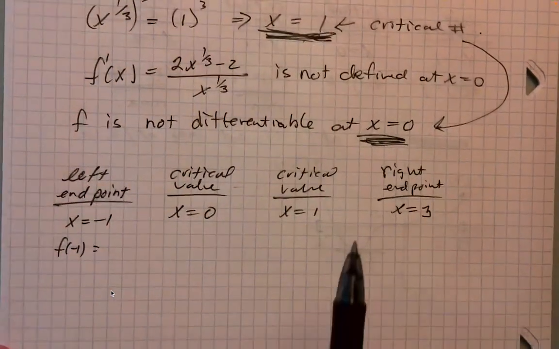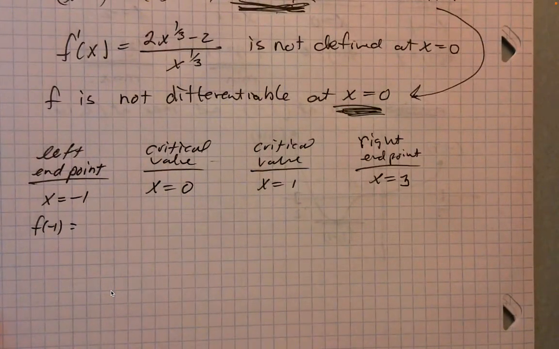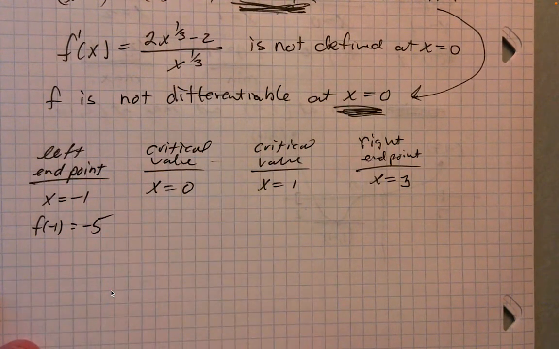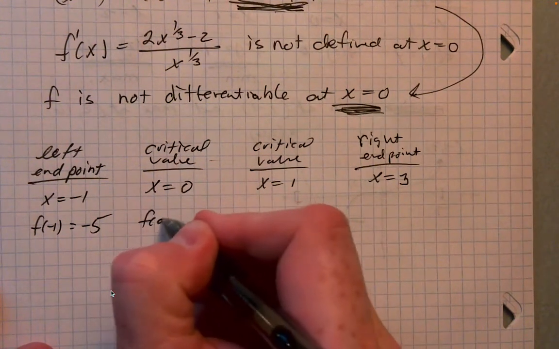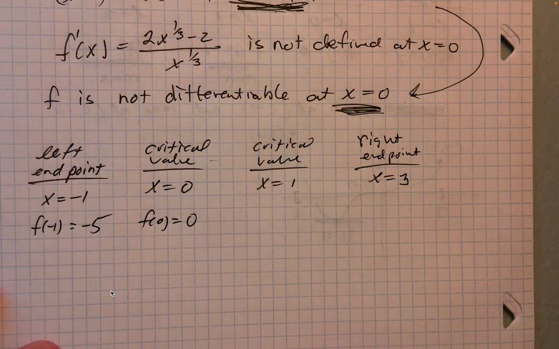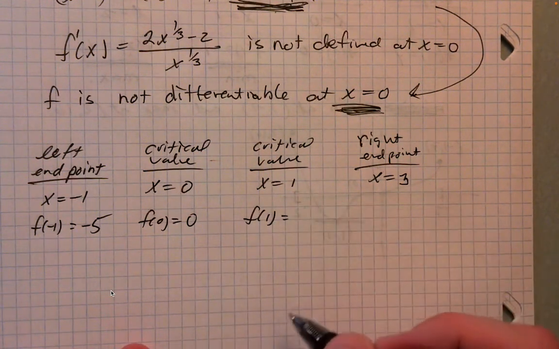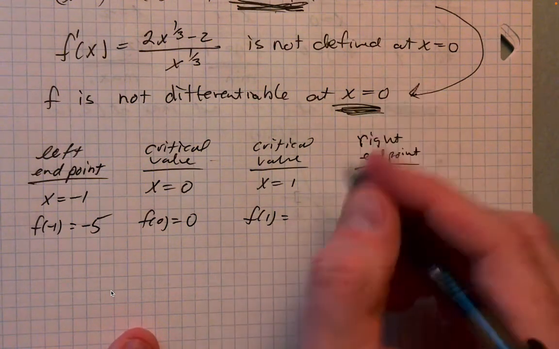And just off to the side, you can evaluate that really quickly. But you get -5 for x equals -1. And then f of 0 gives you 0. F of 1, when you plug 1 in, you get -1.